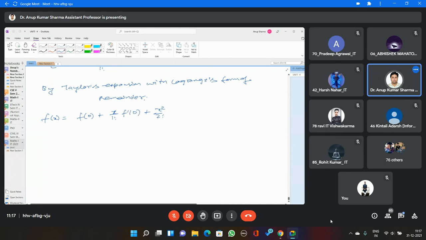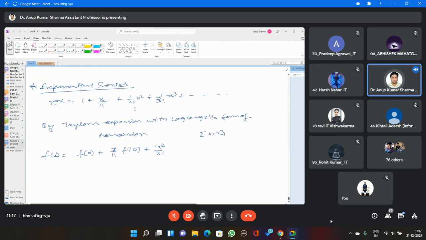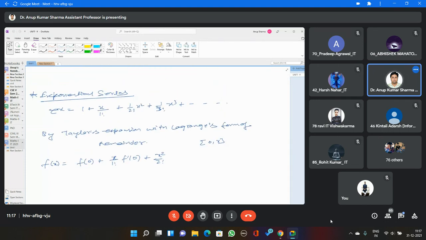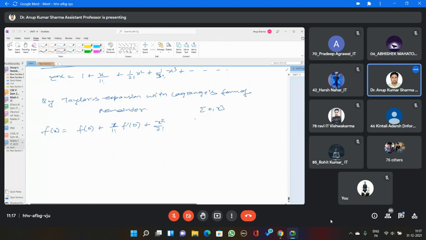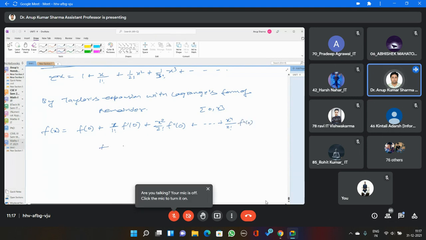The interval here is 0 to x. We are writing the expansion of e to the power x, written up to the nth term, x to the power n upon n factorial with the nth derivative, plus Rn, the remainder after n terms, or remainder of order n.